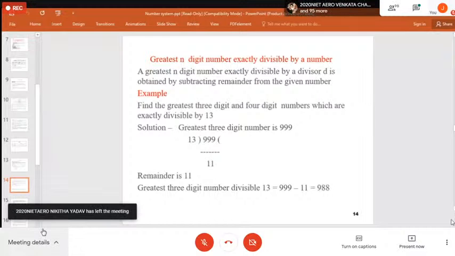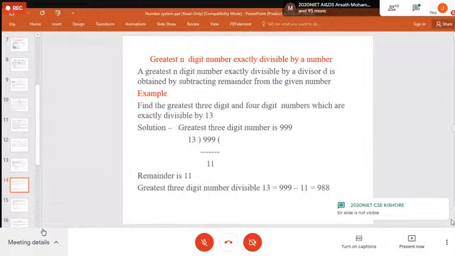Similarly, we find the greatest 4-digit number which is exactly divisible by 13, following the same procedure. The greatest 4-digit number is 9,999.